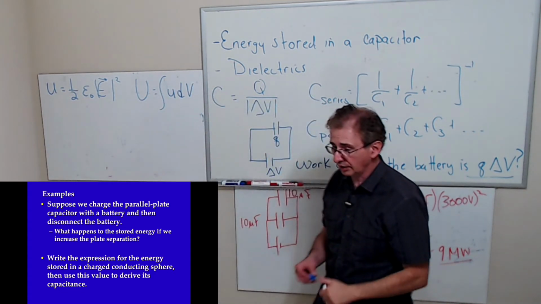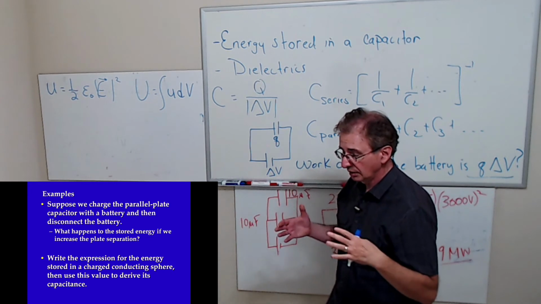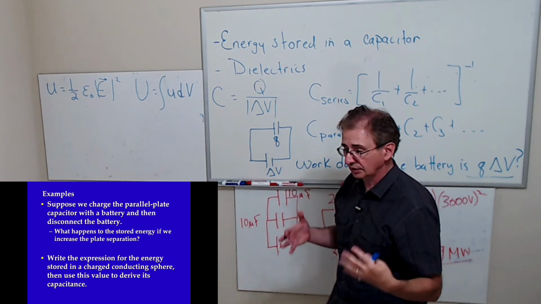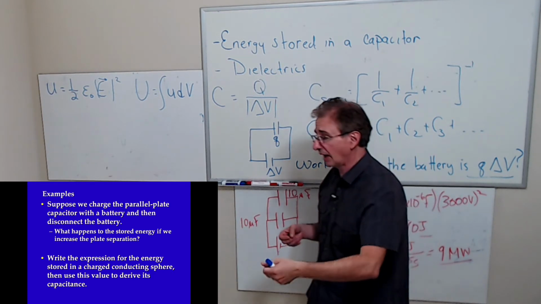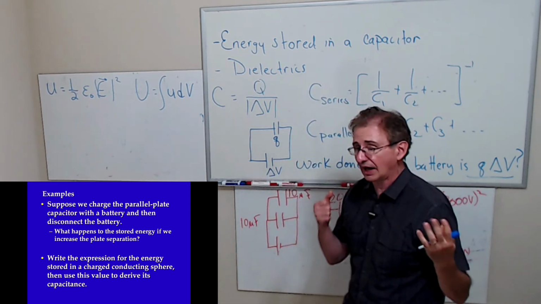I want to write an expression for the energy stored in a charged conducting sphere, and then use it to derive its capacitance. I derived the capacitance of a charged sphere last week.